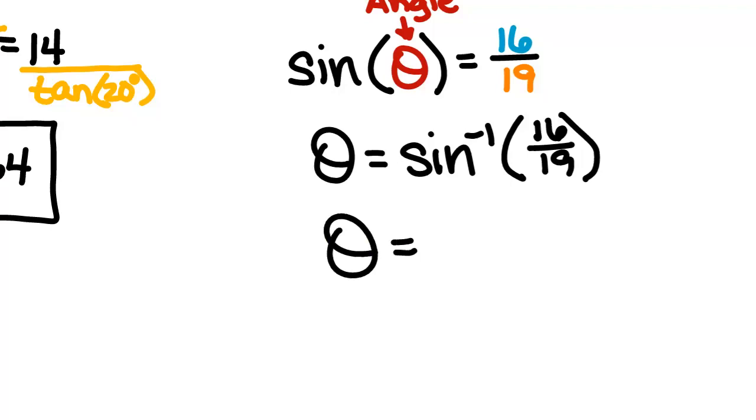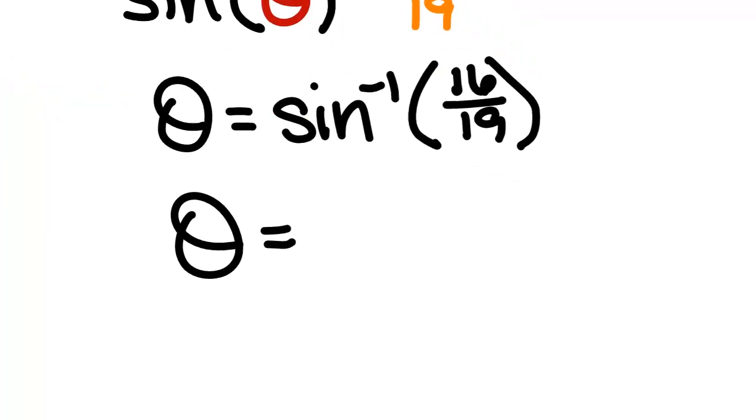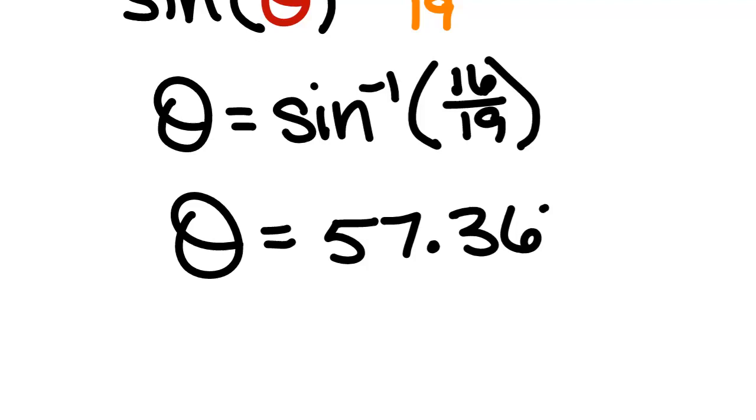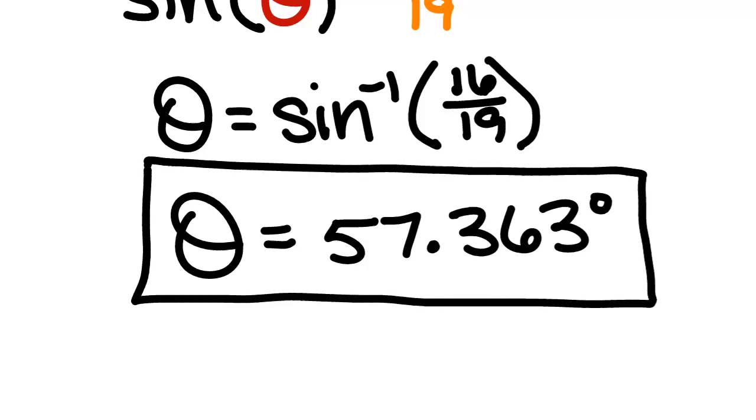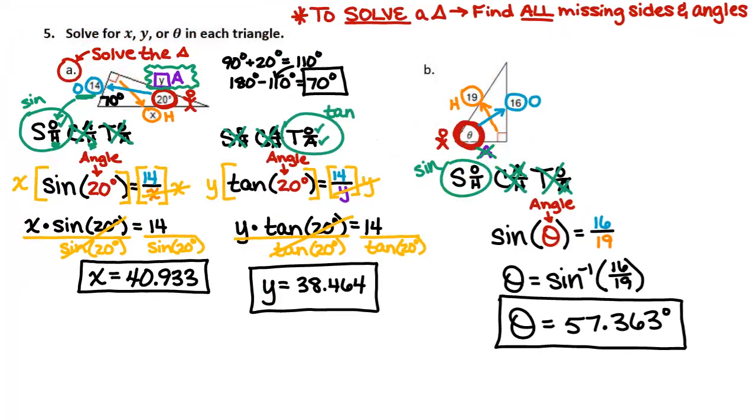And then we pop it in our calculator and we get what? 57.363. Should I put degrees on it or not? Yes, anytime our variable is the angle, anytime it's theta, we pop degrees on our answer.